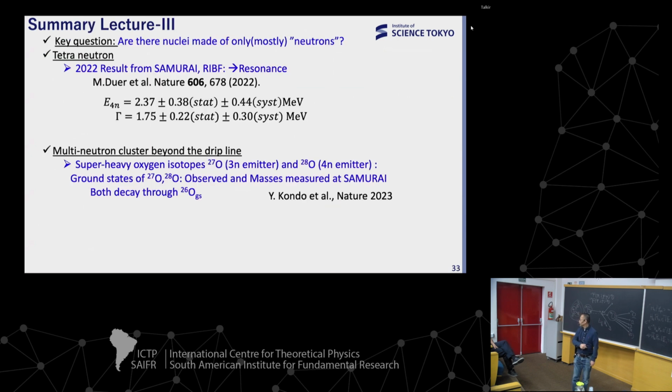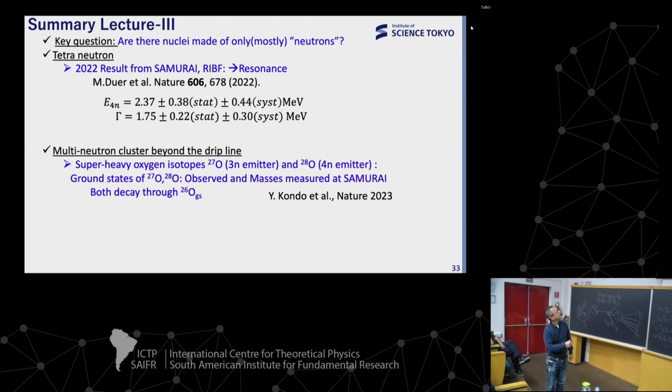Okay, with that, I'd like to summarize. It's maybe a little bit early, but the key question is whether there are any nuclei made of only neutrons. That's a very important question, I think. I showed you the current studies about tetraneutrons. I also showed multineutron clusters inside a nucleus.